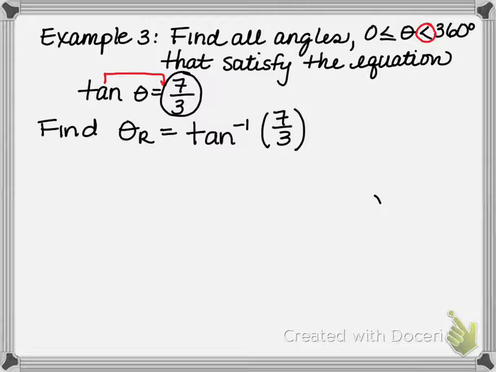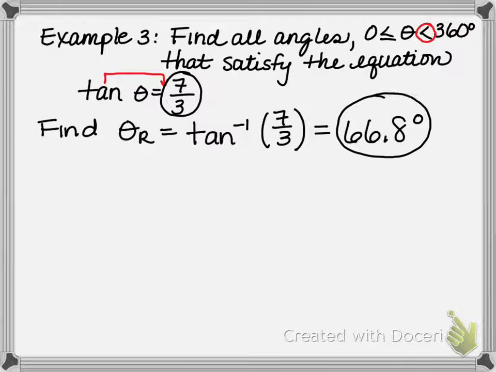When you take the tan inverse of 7/3, theta r is going to be, let's see here, 66.8 degrees. So type that out in your calculator, and this is our reference angle, okay? That's theta r.